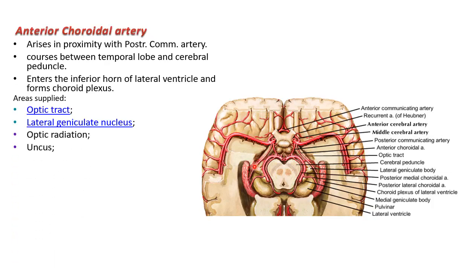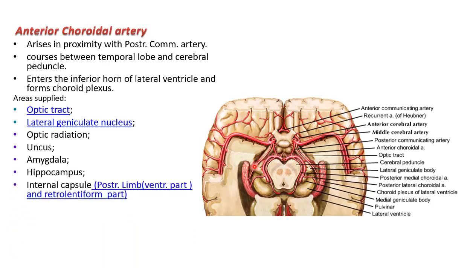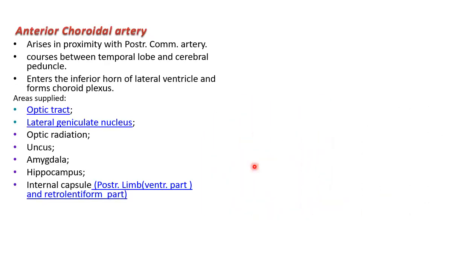Then your optic radiation. Inferior horn, so naturally it should supply your uncus, hippocampus, amygdala. And it also supplies the posterior limb of your internal capsule and the retrolentiform part of your internal capsule.